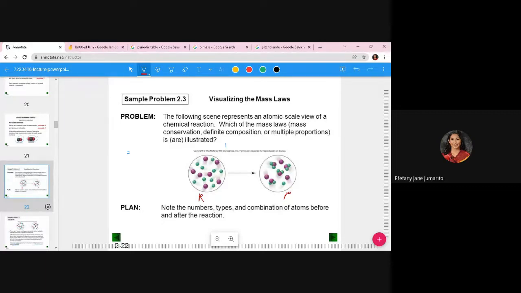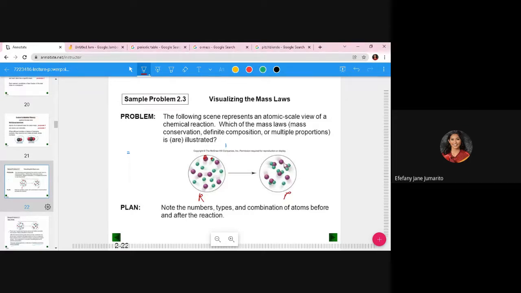Okay, so definite composition is being applied. On the reactant side, it is composed of element purple and element green. On the product side, it is also composed of element green and element purple.